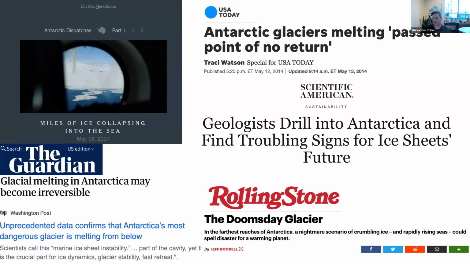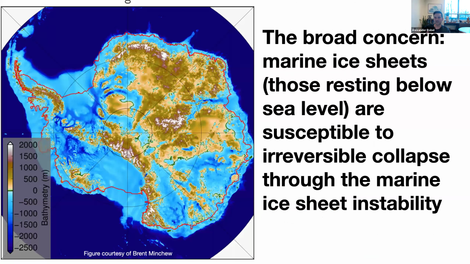And so a number of articles, some more sensational than others, have been written on this in the last 10, 20 years. And this idea largely comes from a very real scientific concept within the glaciology community, having to do with marine ice sheets.